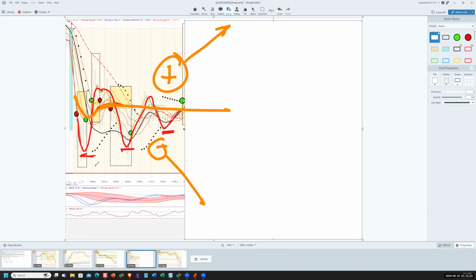So the fact that I got higher lows leads me to have a bit of a favorable bias. The fact that it gets across the VWAP and gets across the 30-period simple moving average, which is the middle of the river, that's this.